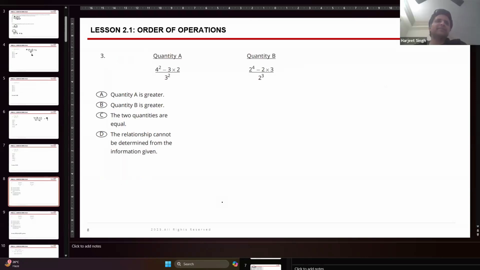Quant comparison. B. Which one? B, is it?